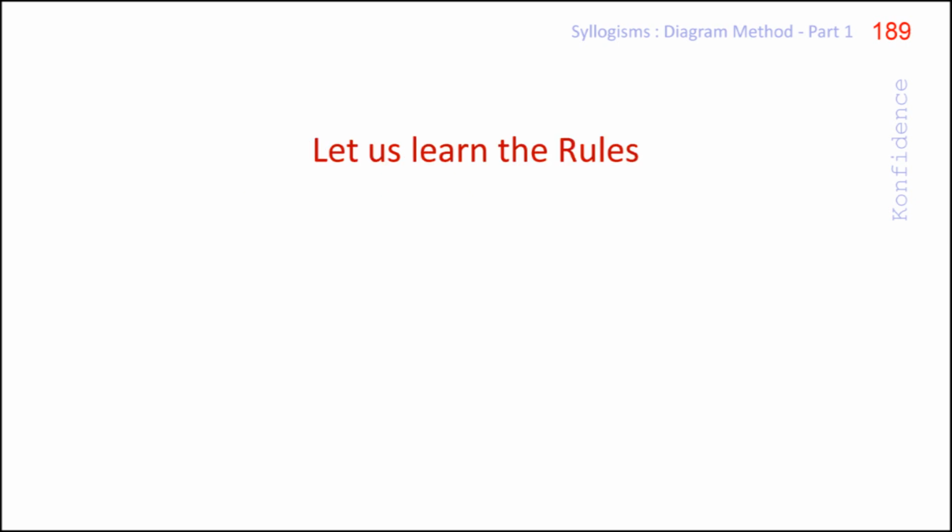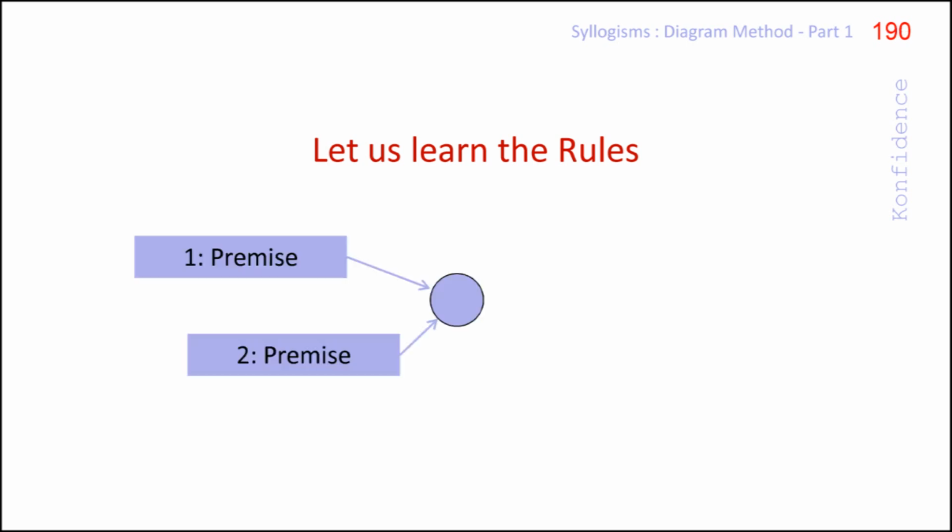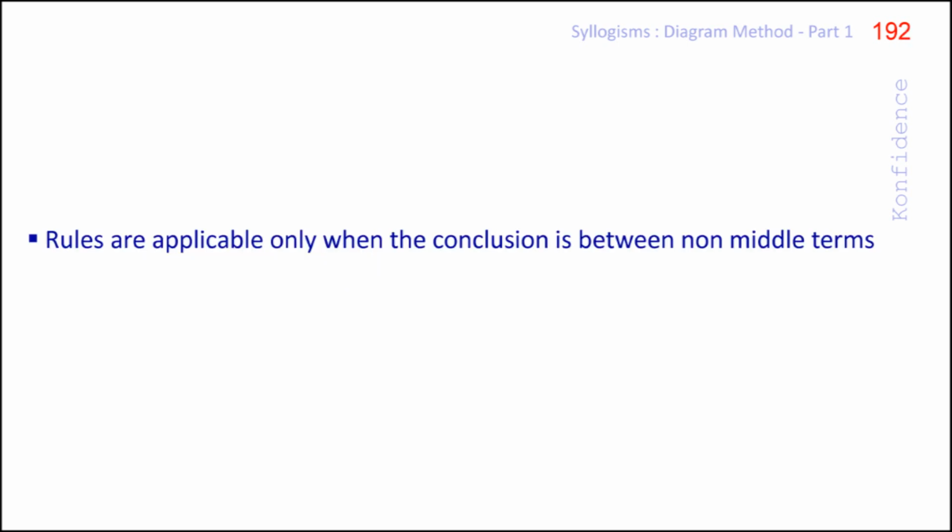Let us now look at the rules. A typical syllogism will have three statements: two premises which we assume to be true and one conclusion that follows from the two premises. These rules are applicable only in cases where we are trying to make a conclusion between non-middle terms.